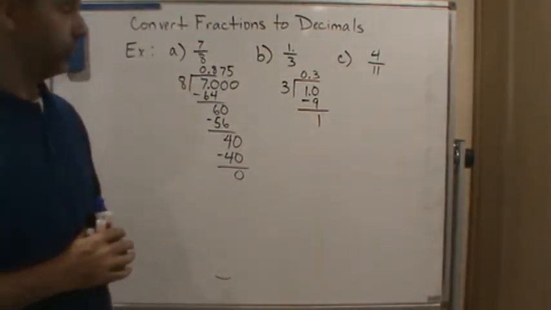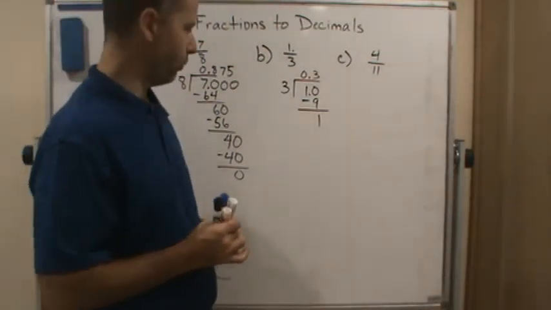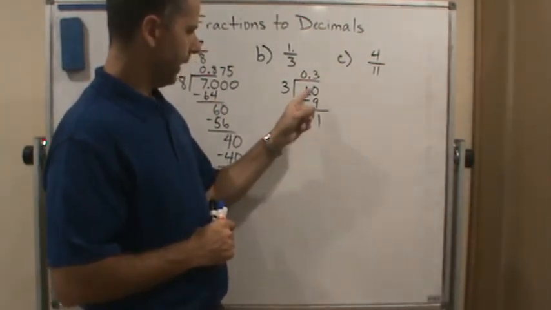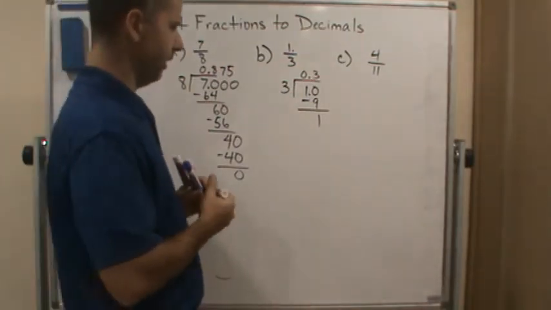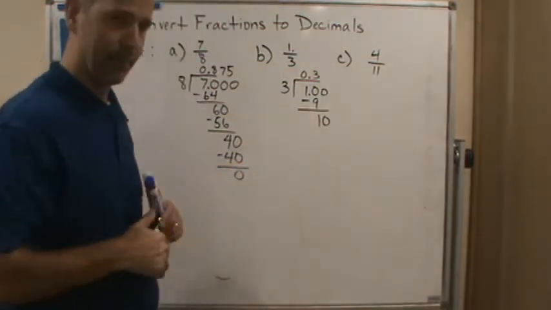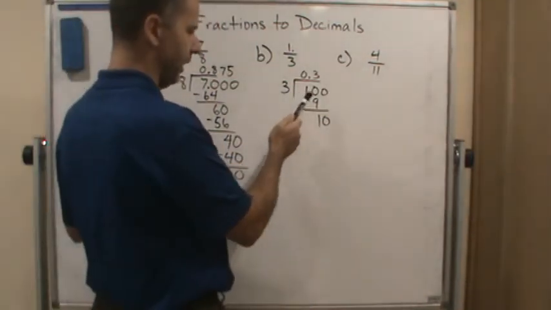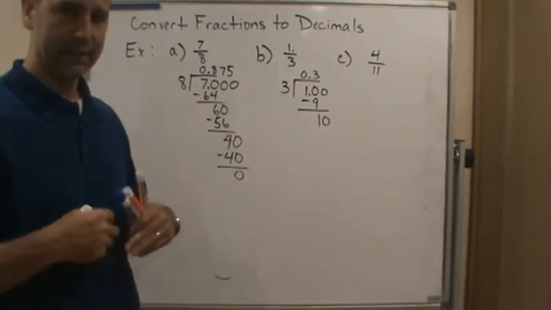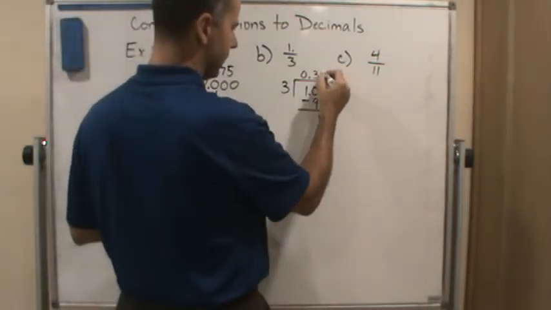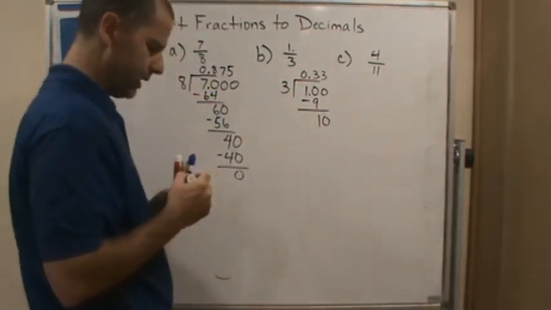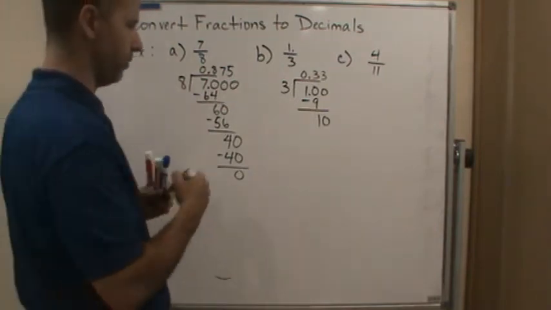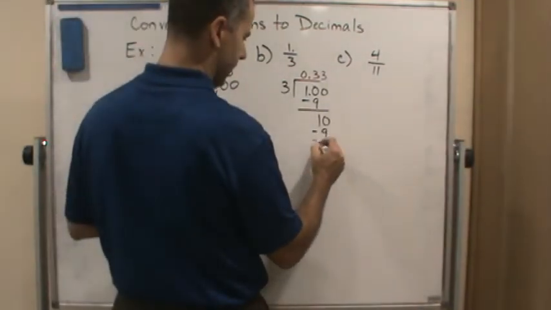Now this is where you should stop and pause for a minute and say, well, I started with 1, and I had to add 0. So I'm going to add another 0 and drop down, and I get the same value. I start with 10 here, I get 10 again, which means this is going to keep repeating itself. 3 goes into 10 3 times, so this is going to be a repeating decimal. It's just going to keep going 3 3 3 3 3, because if I subtract 9 again, I get 1.